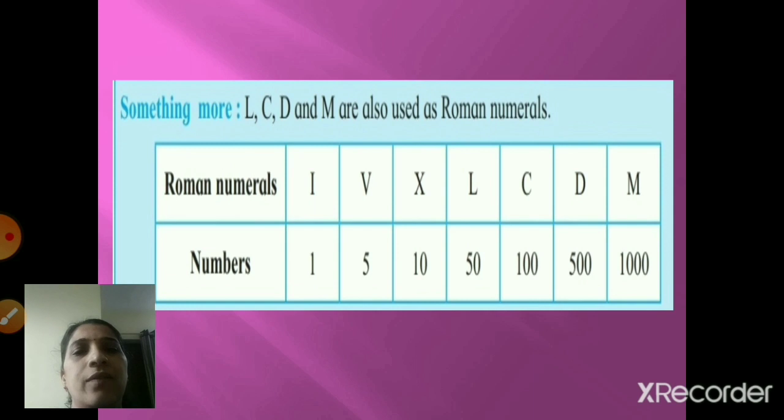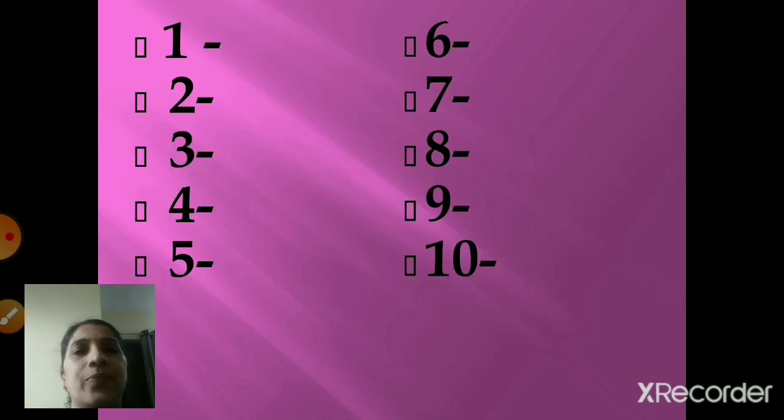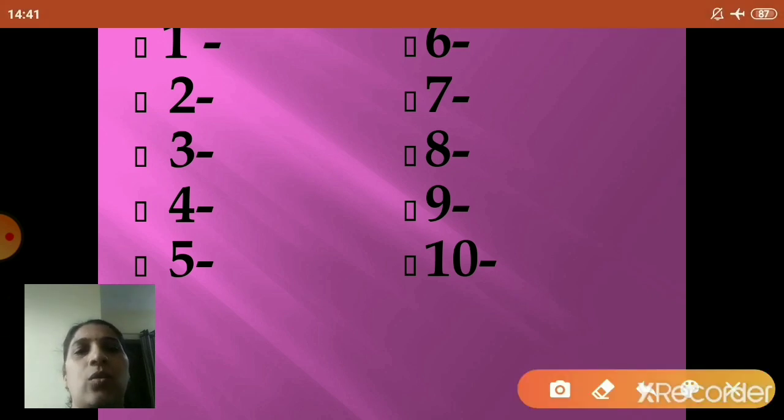Now children, we'll take some examples. We'll write the Roman numerals from 1 to 20. So let's start. For number 1, how will you write the Roman numeral? You will write capital I. For the number 2, it will be 2 capital I, and for the number 3, it will be 3 capital I. For the number 4, you cannot use that, because you have seen the other rules.